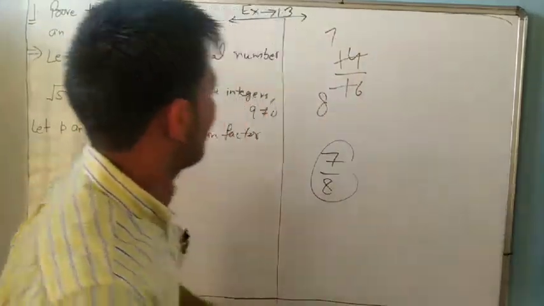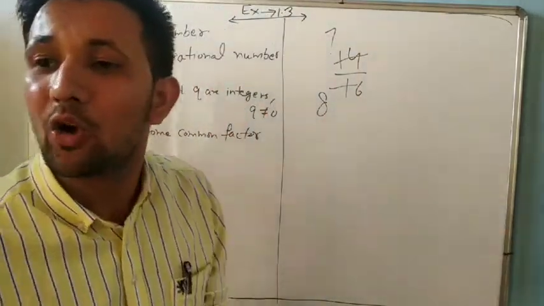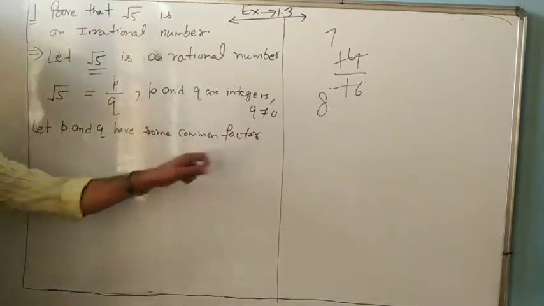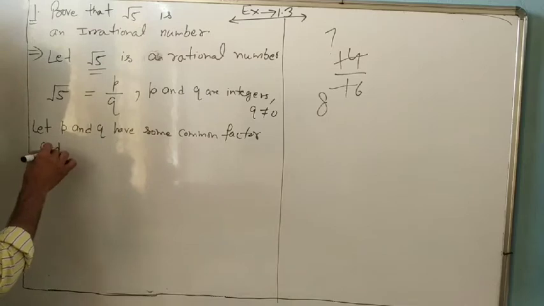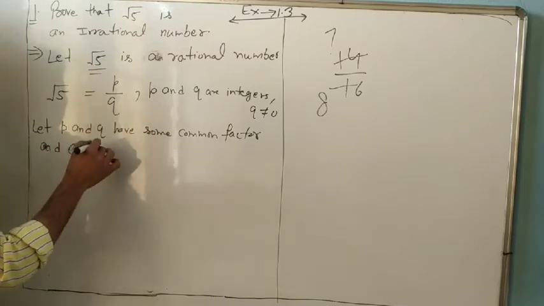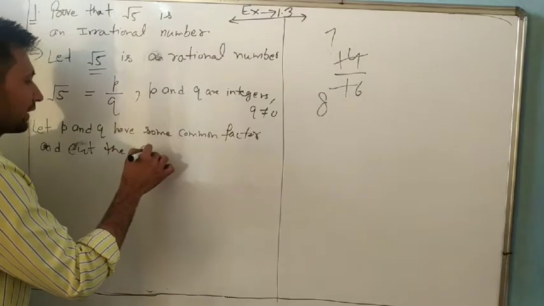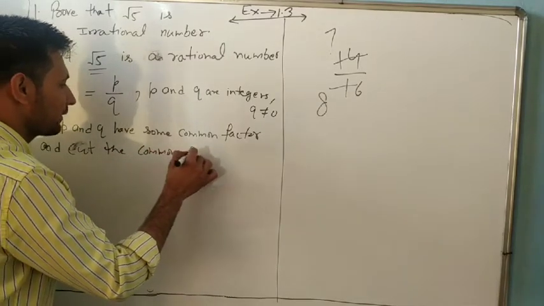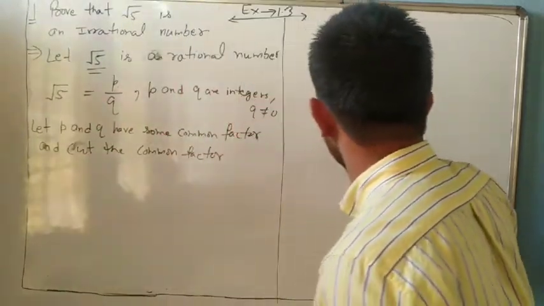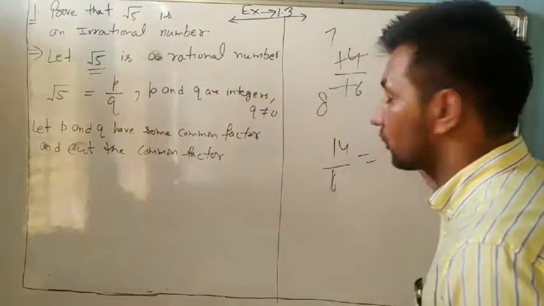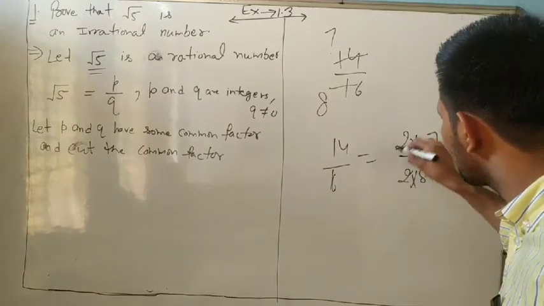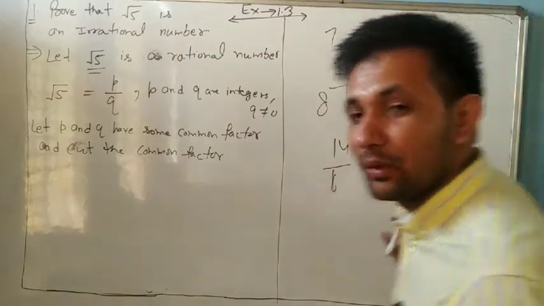But we consider that they have some common factor, and we cut the common factor. If two numbers have a common factor, 14 and 16, common factor 2 into 7, 2 into 8. If there is some common factor, can we cut? We can cut or not?